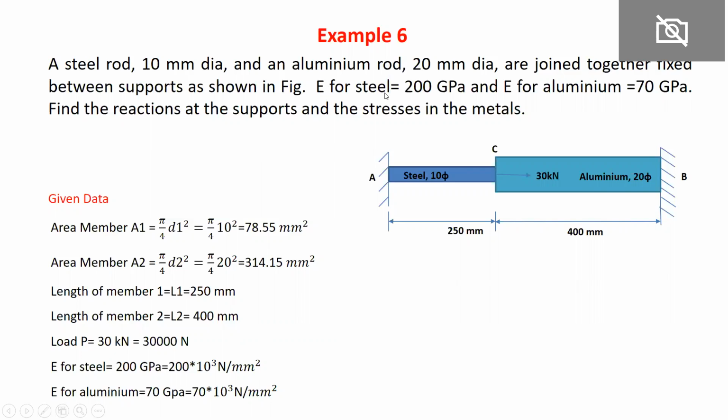Young's modulus for steel is 200 GPa and Young's modulus for aluminum is 70 GPa. Find the reactions at the supports and the stresses in the metal.